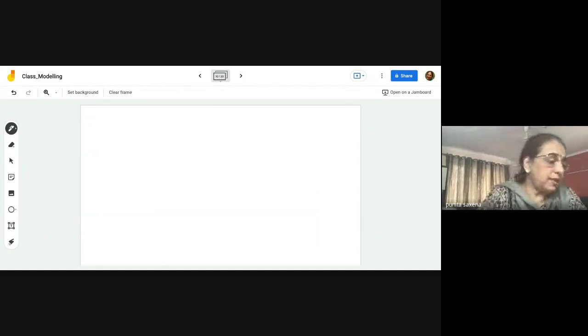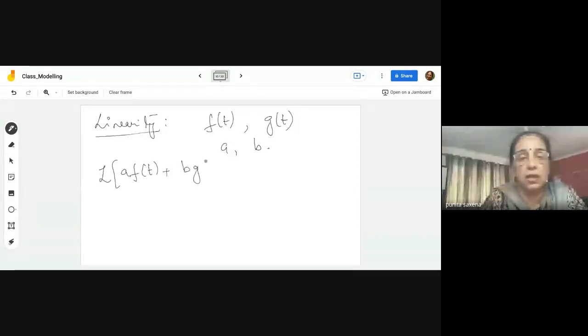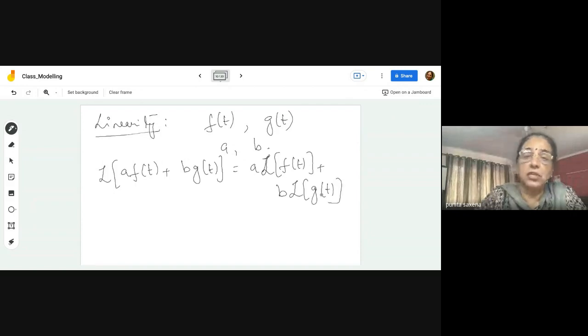And in fact, we have a theorem which talks of the linearity of Laplace transforms, in the sense that if I have two functions, f(t) and g(t), and a and b are any two constants, then Laplace transform of a f(t) plus b g(t) is actually nothing but a into Laplace transform of f(t) plus b into Laplace transform of g(t).